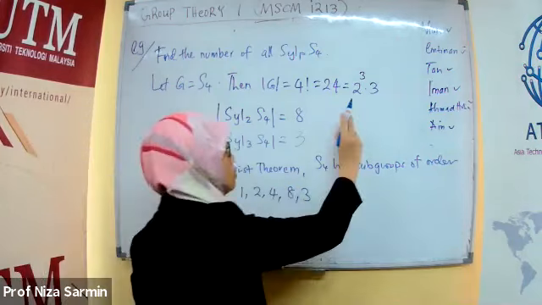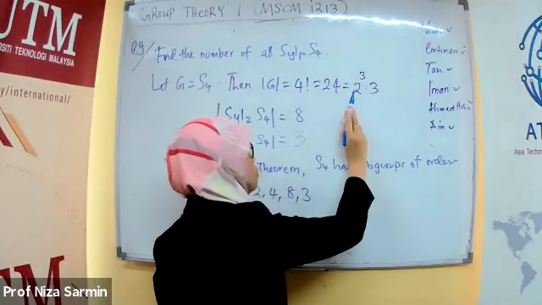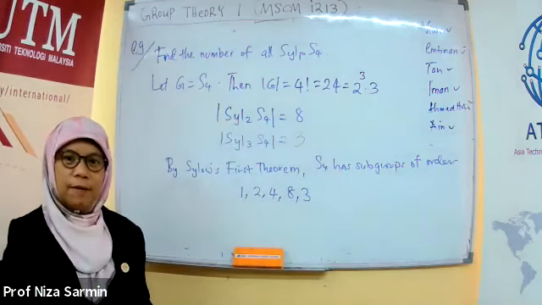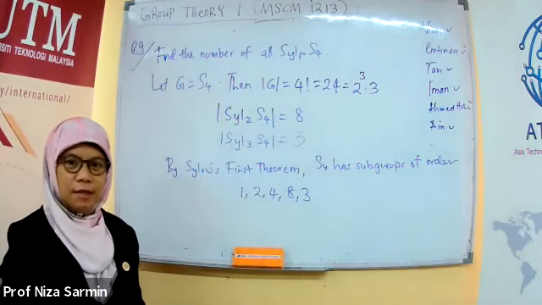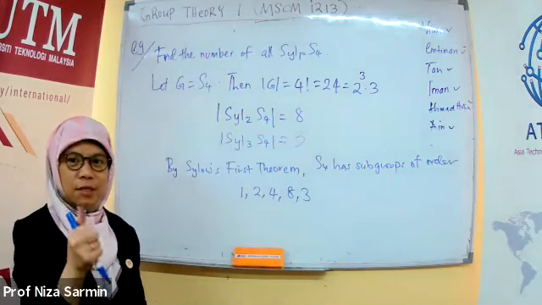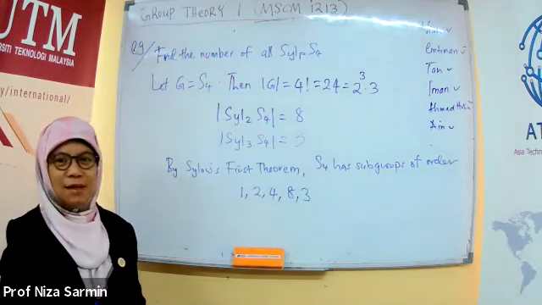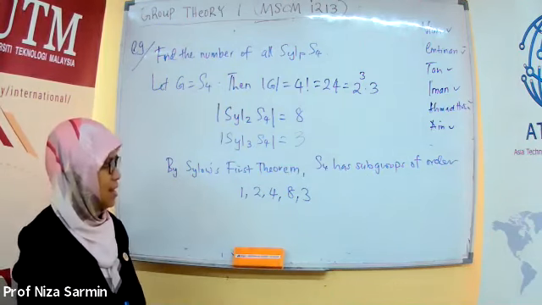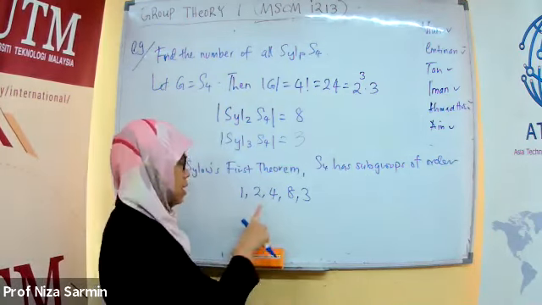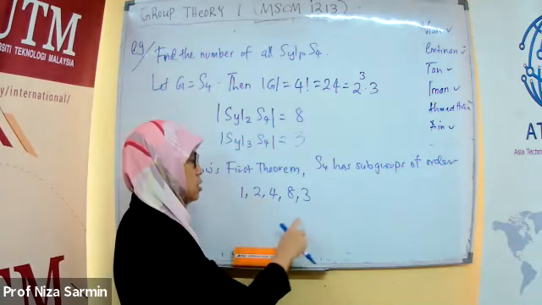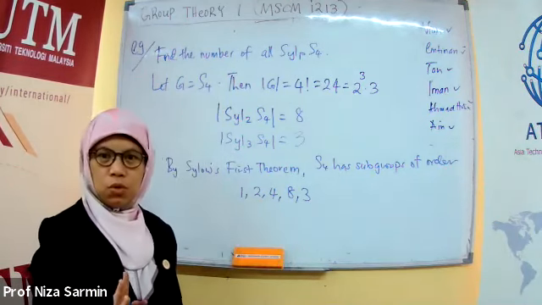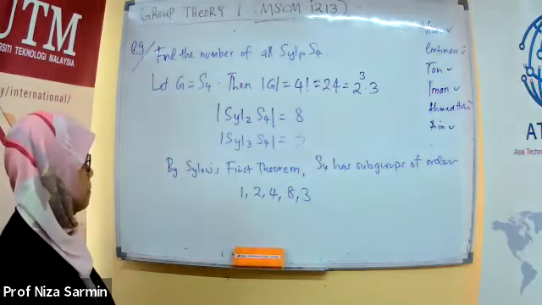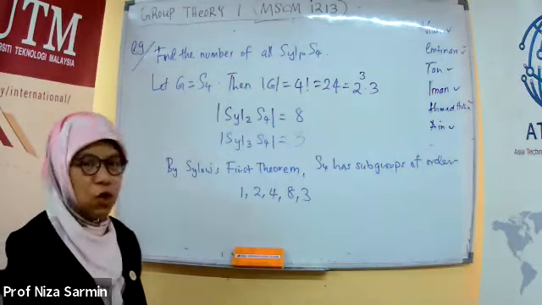You got it? We don't know if there are subgroups of order 6. We just know powers of primes. Now we go to Sylow's third theorem.